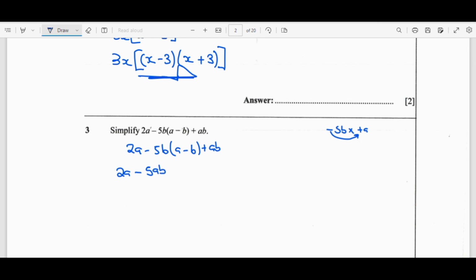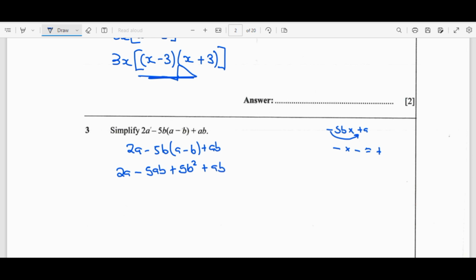And then we'll say negative 5b times negative b. Negative times negative always gives you a positive. We have 2 b's there, so it will be positive plus 5b squared, because we have 2 b's. And then you just have to copy plus ab.